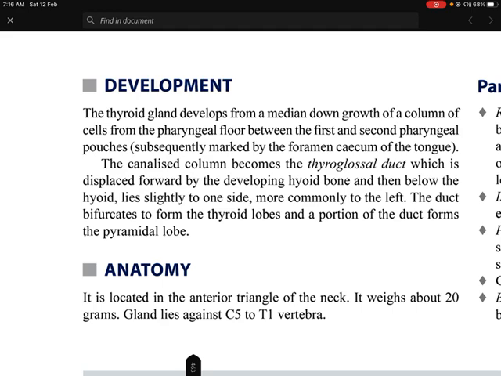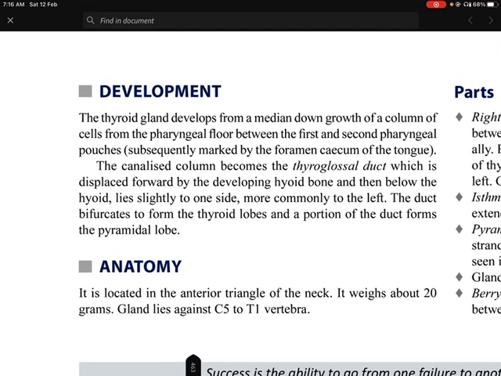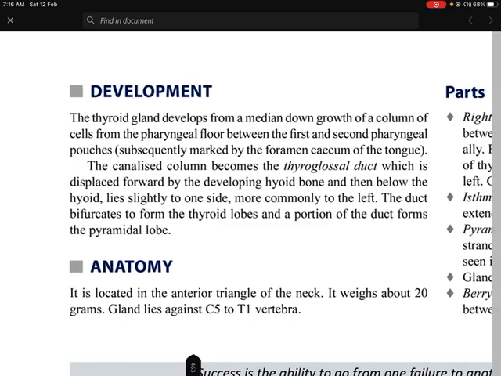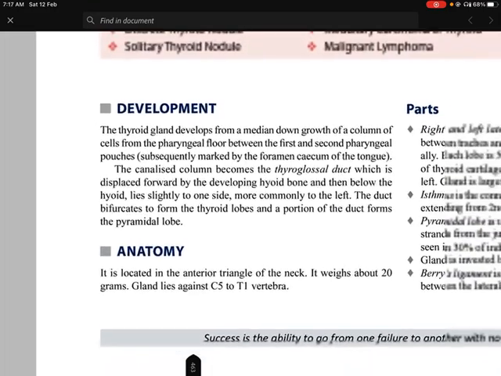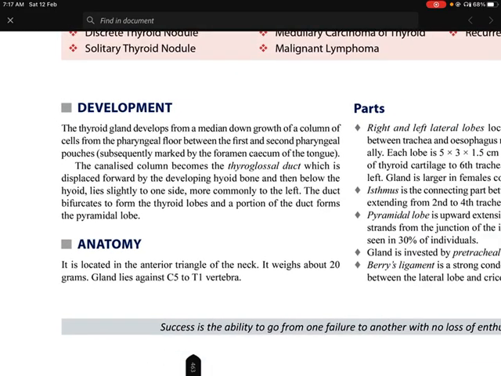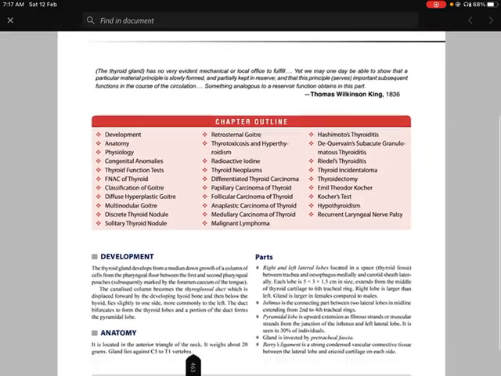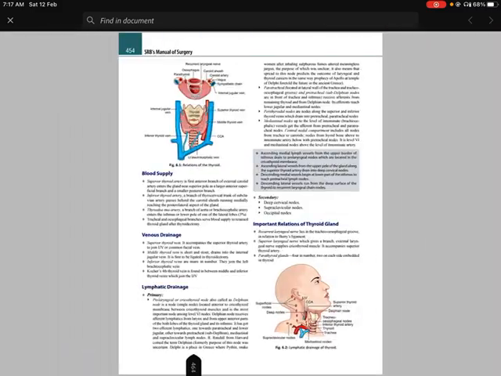The canalized column becomes the thyroglossal duct, which is displaced forward by the development of the hyoid bone, and the duct bifurcates to form the thyroid lobes, and a portion of the duct forms a pyramidal lobe. So this is the development part.